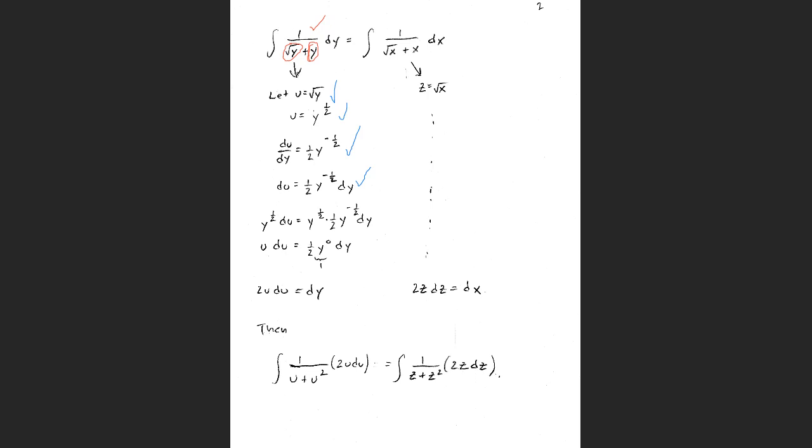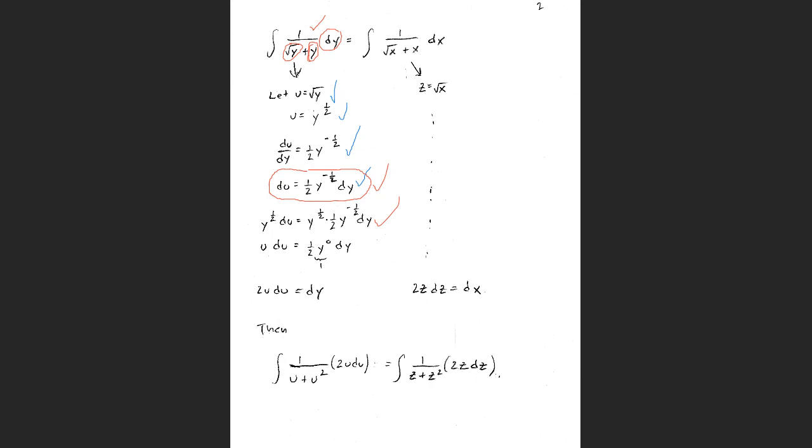But what's left to deal with is the dy. I have to get dy in terms of the variable u. Right now, I have that du is 1/2 times y to the negative half dy. I'm going to multiply both sides of this equation by y to the half power.